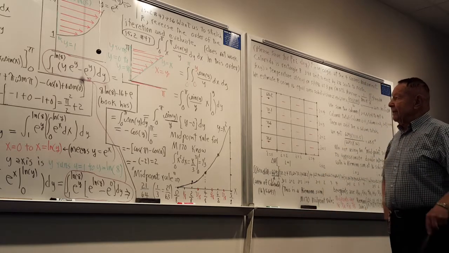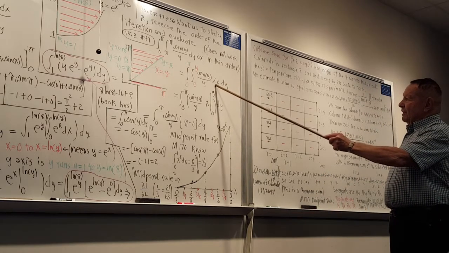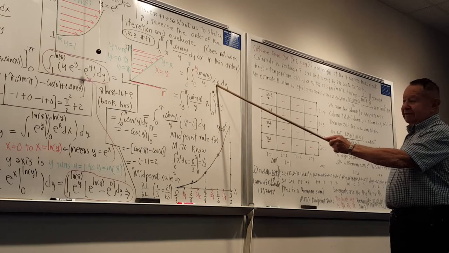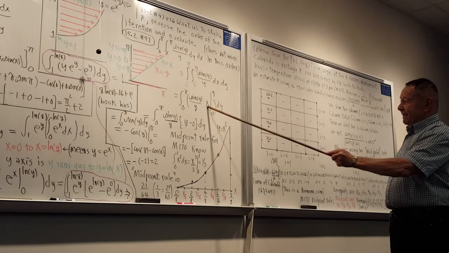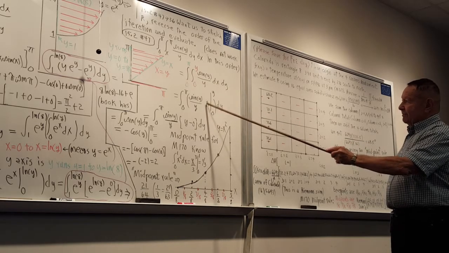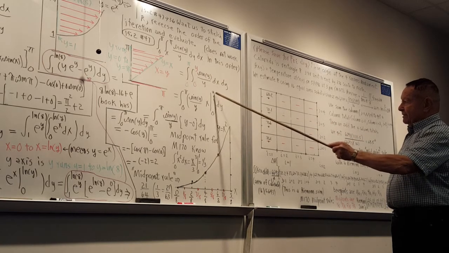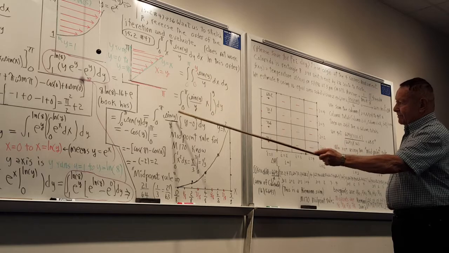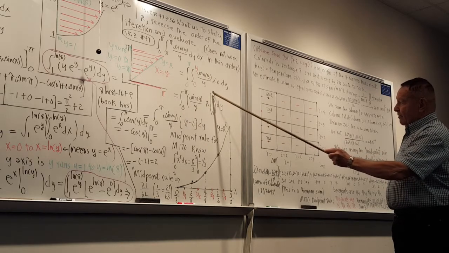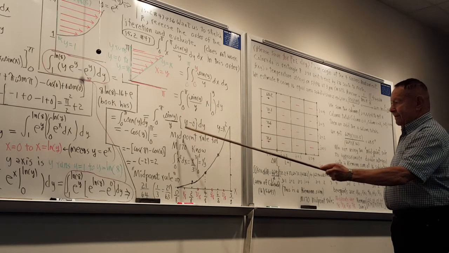Okay. Now, we can do the problem because first we integrate dx and we get x. And then we put in our limits on x, 0 to y. So then we have this factor and y minus 0.